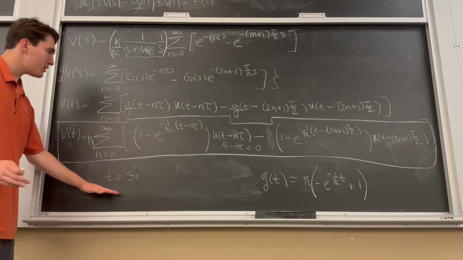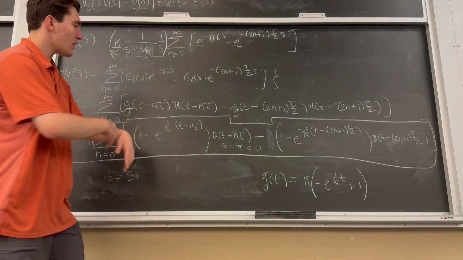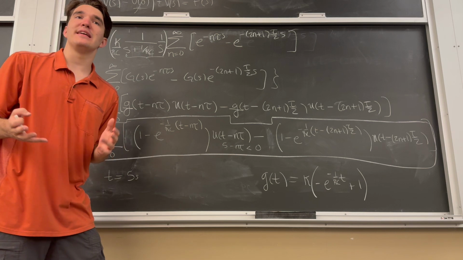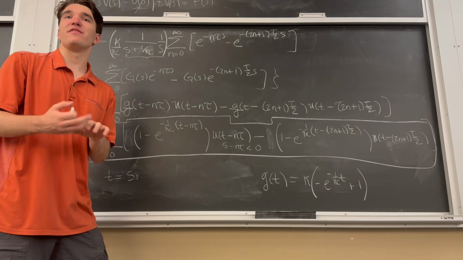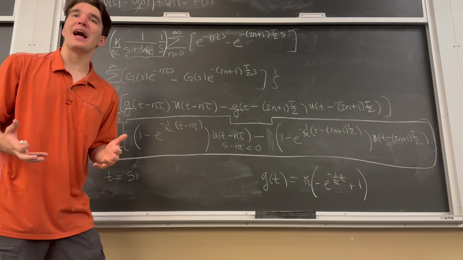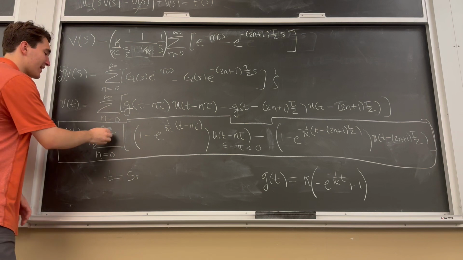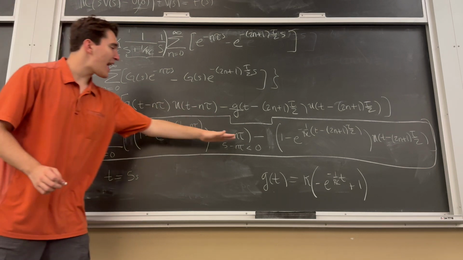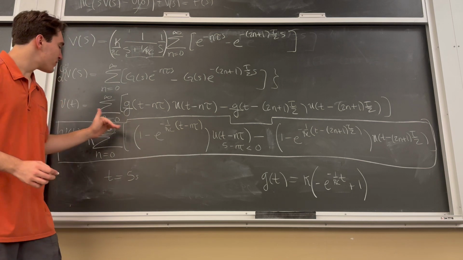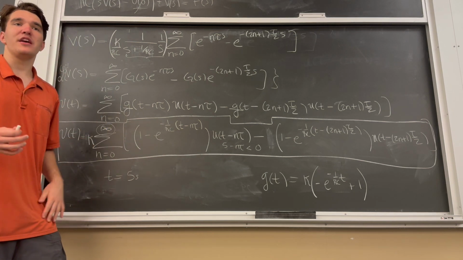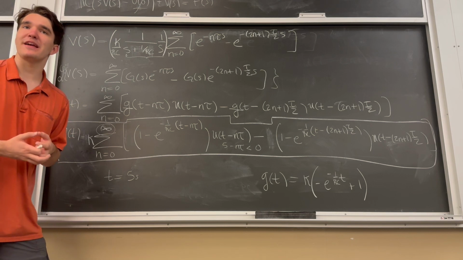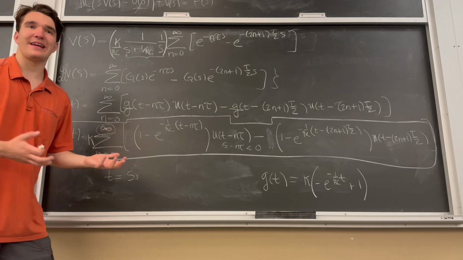So for any arbitrary t, for any given time, there's only going to be a finite number of terms turned on in the infinite series. That means this is not, in fact, a true infinite series. You can rewrite this in a way that gets rid of the Heaviside functions and gets rid of this infinite limit. You can compress this into a smaller, nicer looking summation, which is a finite sum.